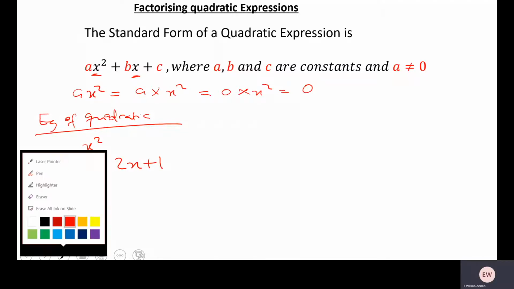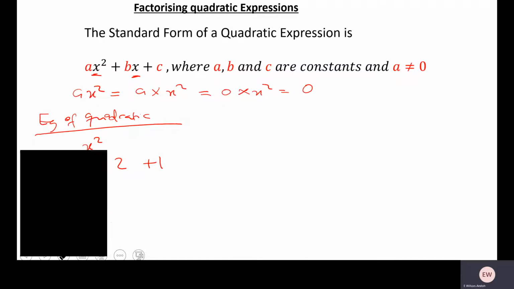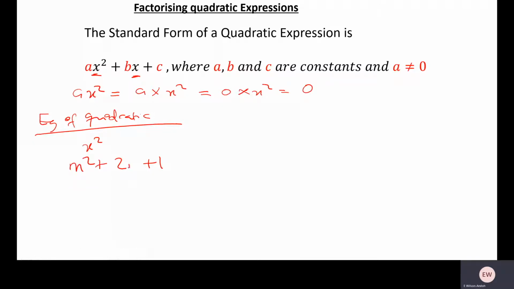We are looking at a quadratic expression in one variable, and the highest power of the variable is 2. We can have n squared minus 1. This is also a quadratic expression because the highest power of the variable n is 2.